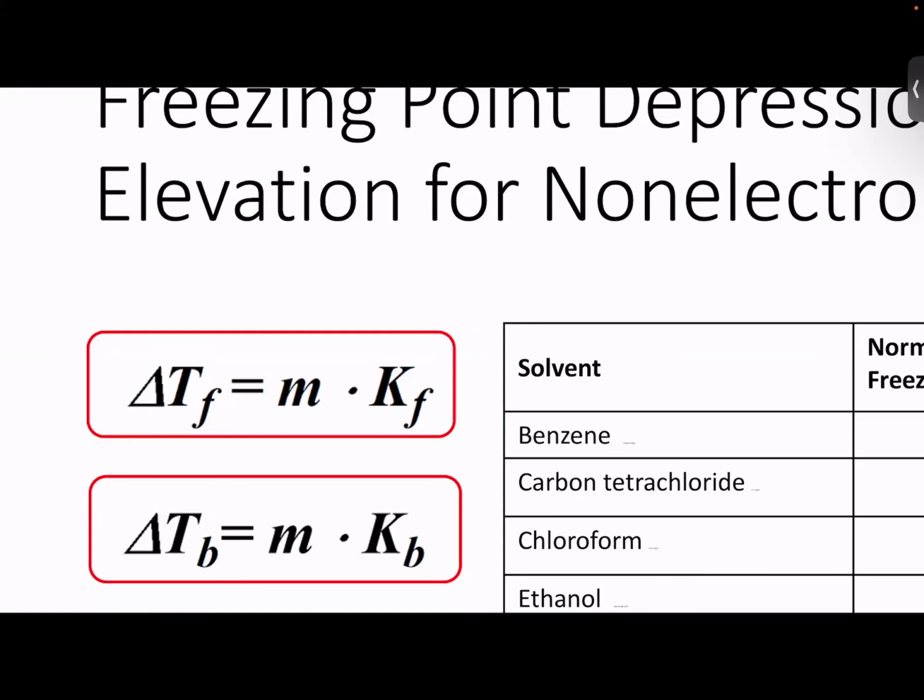And to calculate the change in the boiling point, it's going to be the molality times Kb. Okay, molality we talked about, but what is Kf and Kb? Those are constants.